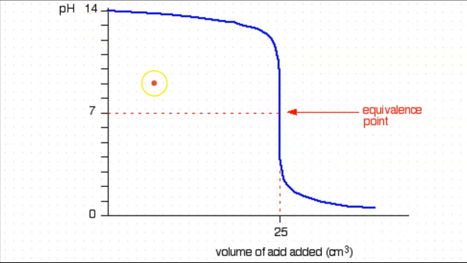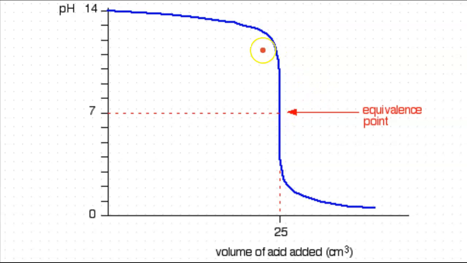My equivalence point, we're going to learn how to read graphs in a later video. But I have a pretty steady pH change as I'm adding little bits of acid. And then you have a nearly vertical drop within just 1 milliliter of change. Your equivalence point, though, is going to be right here.